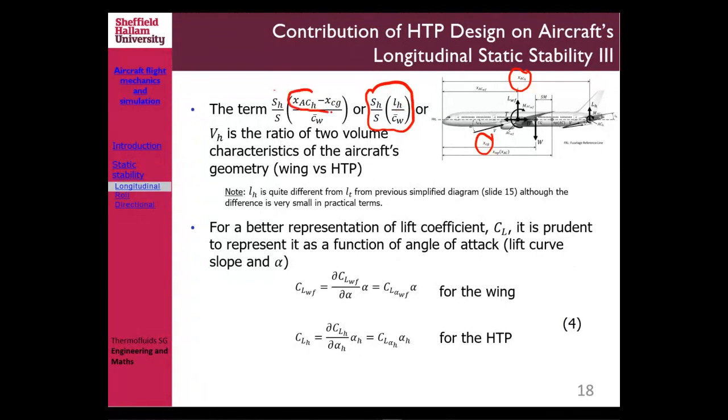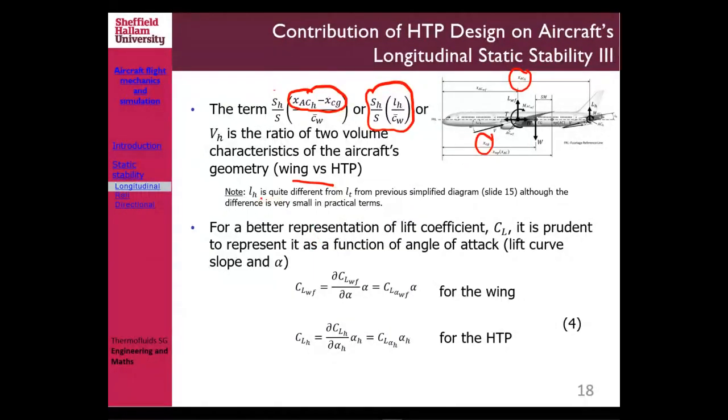LH is obviously here, this one. You could then deduce it straight away. Now, they call it a tail volume ratio. It's the ratio of the two volume characteristics of the aircraft geometry, wing versus your horizontal tail plane, right?